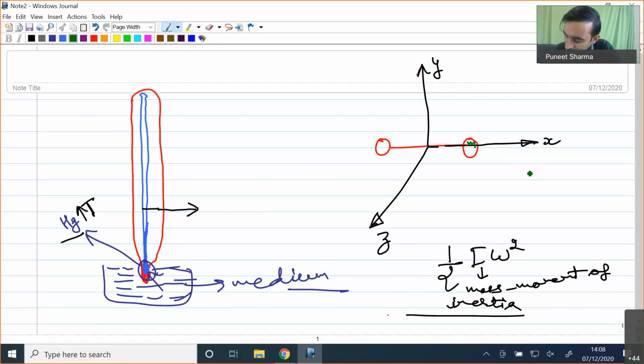In our fundamental definition of mass moment of inertia, we have mass into r square, where r represents the distance from the axis of rotation to the location of the mass. As our molecule is exactly coinciding with the axis of rotation, its moment of inertia is equal to 0 and we will have negligible rotational kinetic energy. Is this point clear?